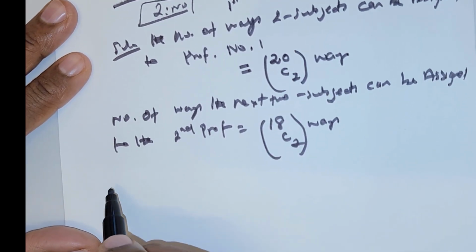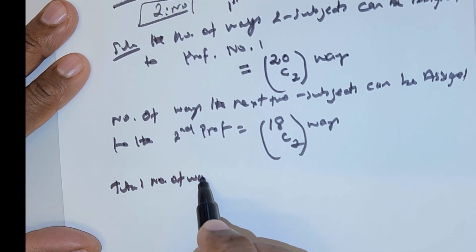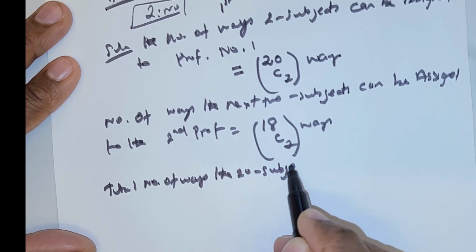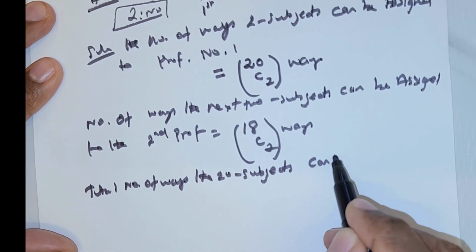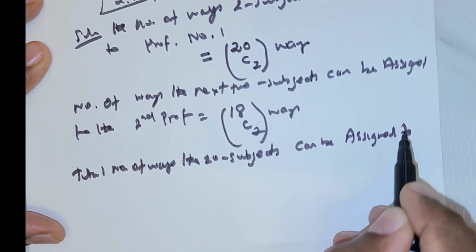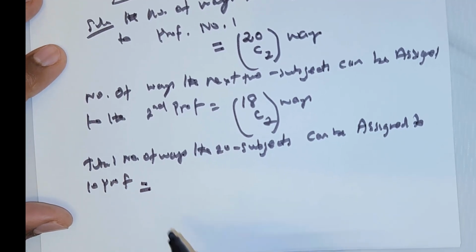Moving on like this, the total number of ways the 20 subjects can be assigned to 10 professors is given in the following manner.